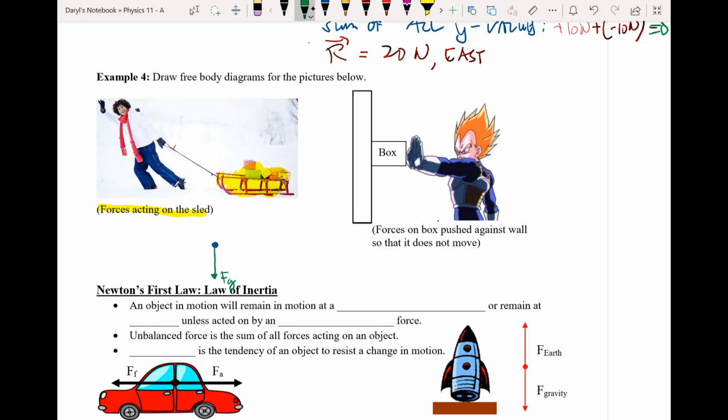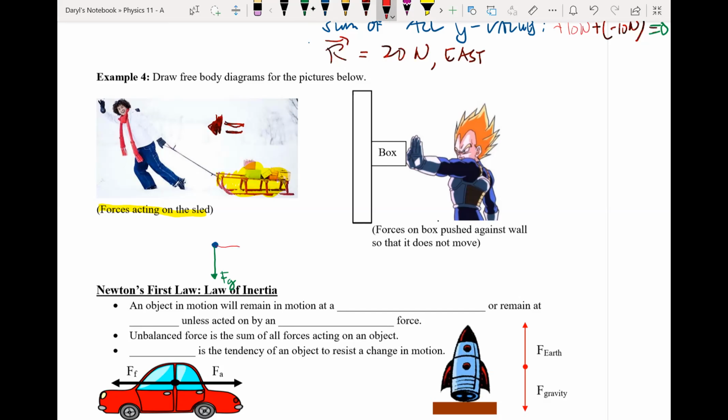Well, if the object is moving, so its velocity, let's say for example, it's moving in that direction. If the object is moving to the left, friction would be to the right.